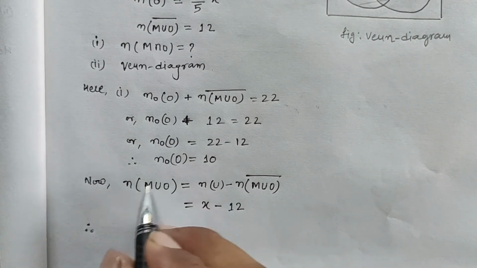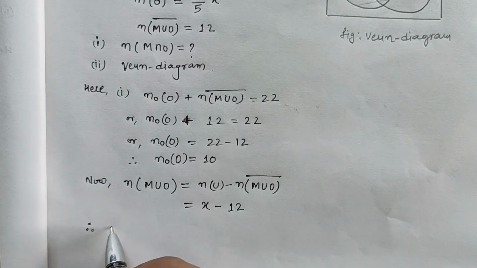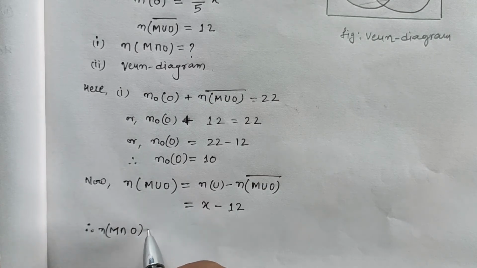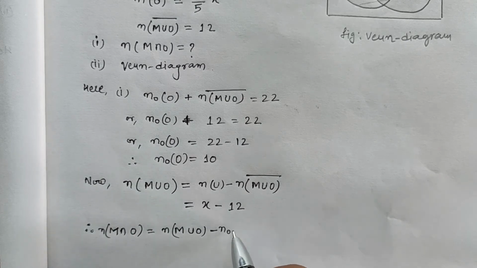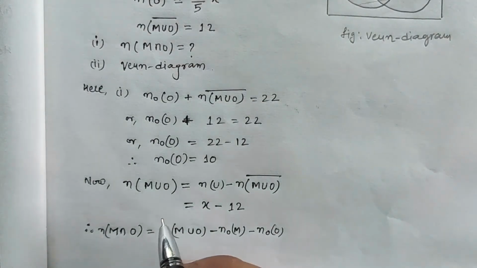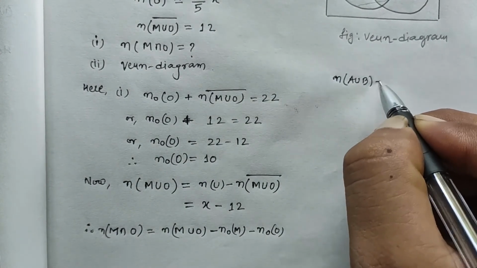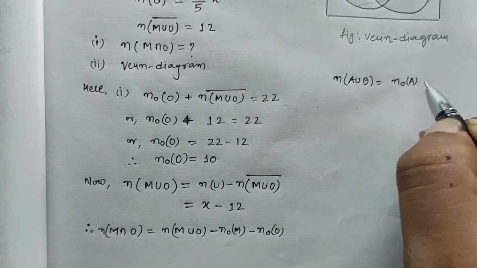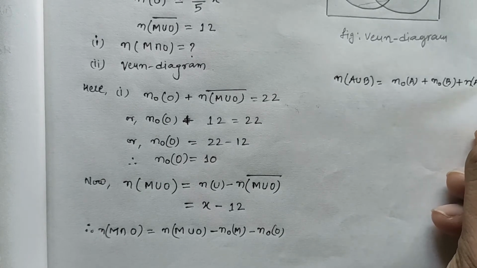Therefore we can find n(M intersection O) as n(M union O) minus n only M minus n only O. We have this formula: n(A union B) is n only A plus n only B plus n(A intersection B).